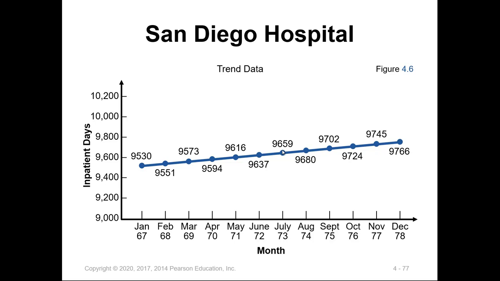Using the historical data to calculate both values of B and A, the formula will be y hat equals 8,090 plus 21.5x, where y hat is the patient days and x is the time in months.